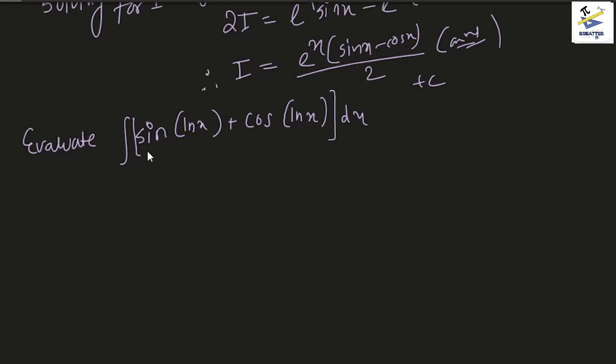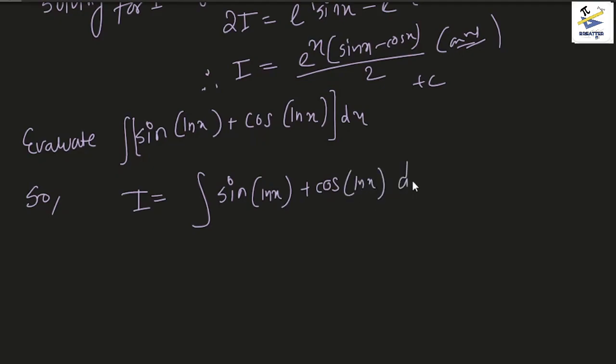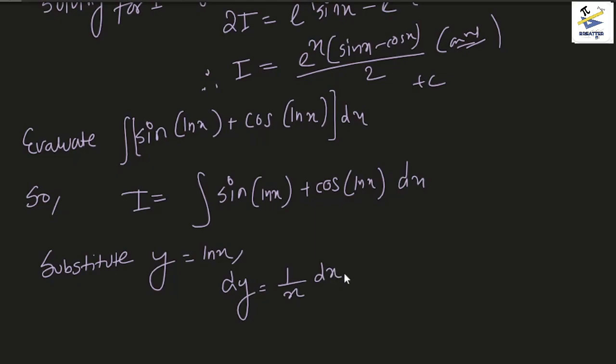So naturally the first thing we would like to try is to substitute for log x and see if that makes any difference, right? So I equals the integration of sine of log x plus cosine of log x dx, and substitute y equals log x, which will give us dy equals 1 by x dx, right?